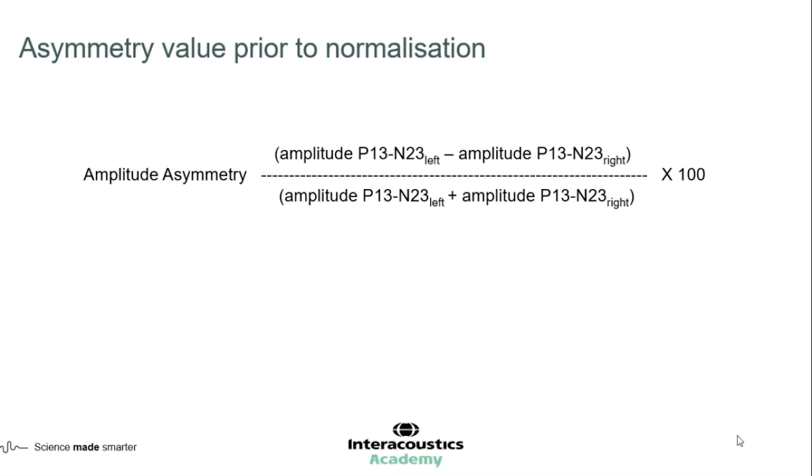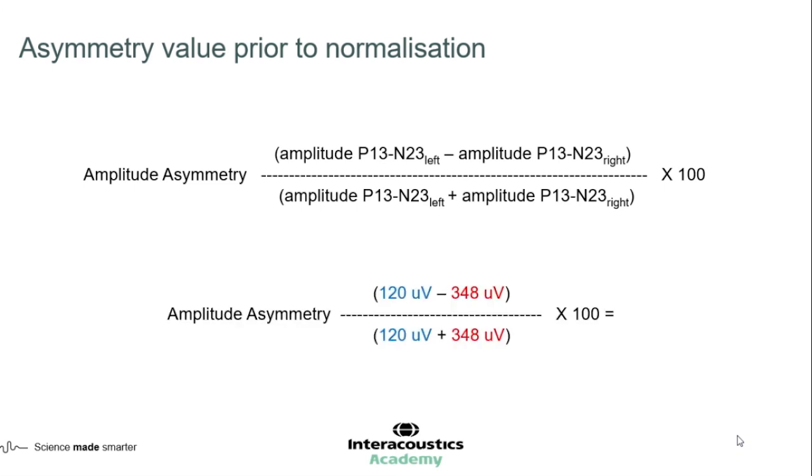However, if we look at that raw data, and here what we're looking at is just comparing the amplitudes from the P to the N for each side, really doing a bit of a Jongkees formula just to create a percentage. Stick the numbers in that we've just seen there, so the 120 microvolts from the left cVEMP with the 348 microvolts from the right cVEMP. We got an asymmetry ratio of 49, so as we thought, just looking at that, it really does go beyond 36%.